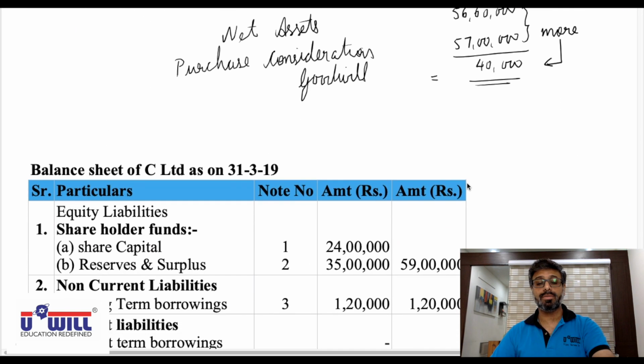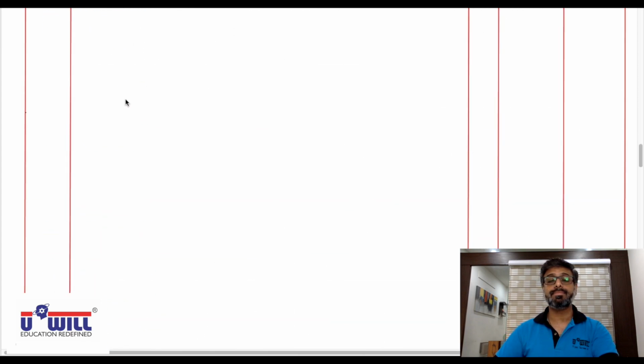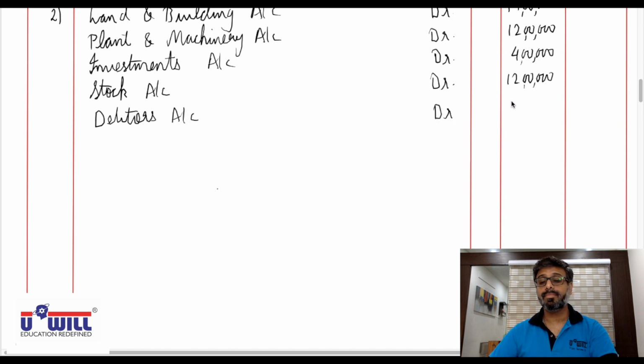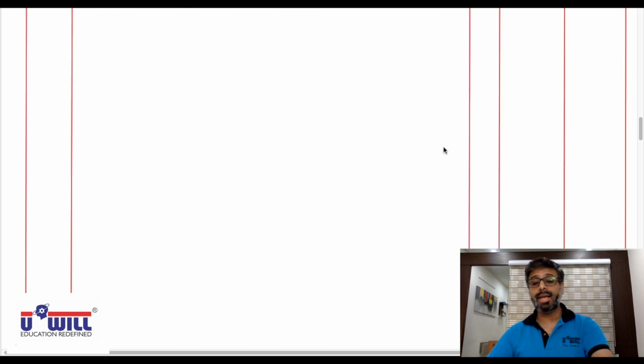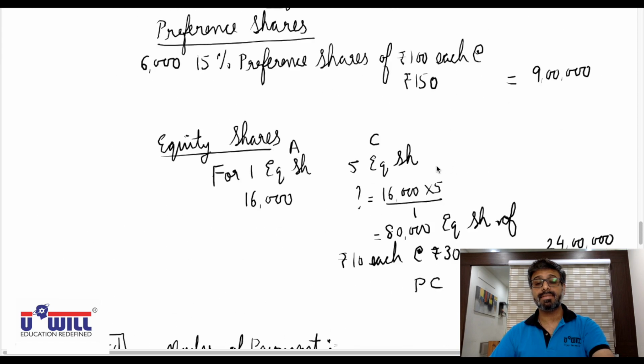Then after stock, debtors account debit with 13 lakhs. Then after debtors, cash and bank account debit with 10 lakhs.